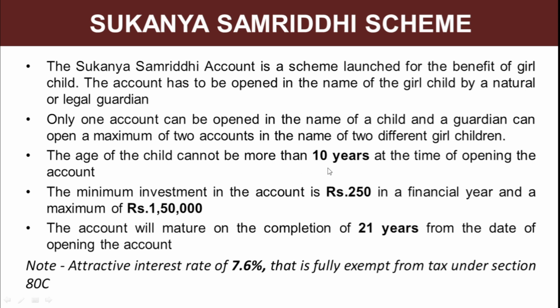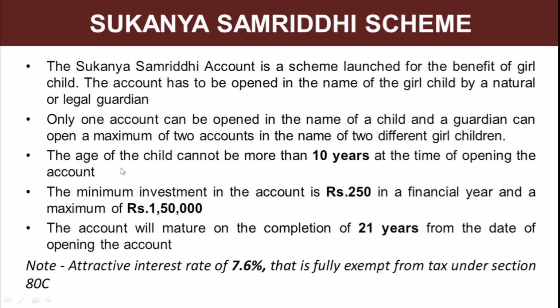The age of the child cannot be more than 10 years at the time of opening the account. Again, this is a criterion that needs to be fulfilled. If your girl child is more than 10 years of age and you go to open this account, it won't be allowed. So the girl child should be 10 years or less at the point of account opening.